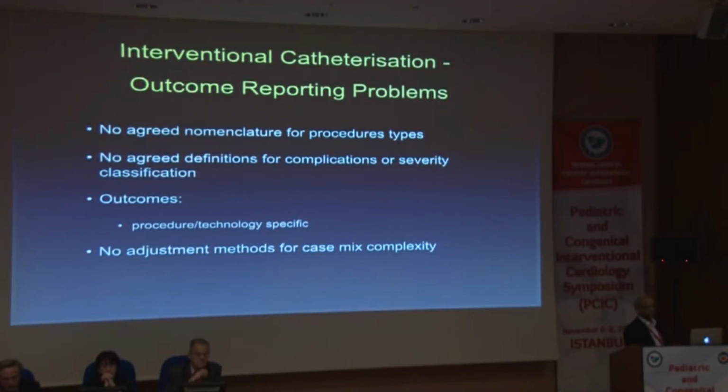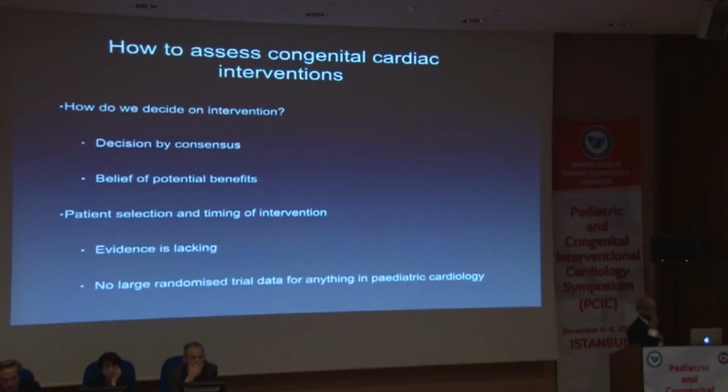For interventional catheterization, therefore, we have a problem, because we do not have an agreed nomenclature for different procedures. There is no agreed definition of complications or severity classification, and outcomes may be just simple procedure or technology specific, and no adjustment is made for case mix complexity.